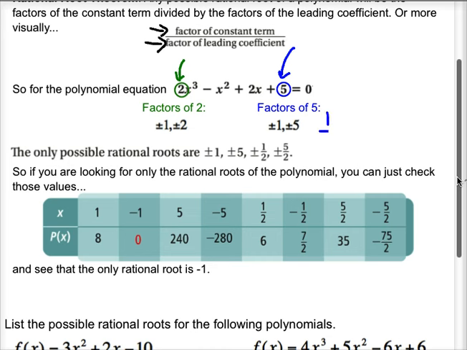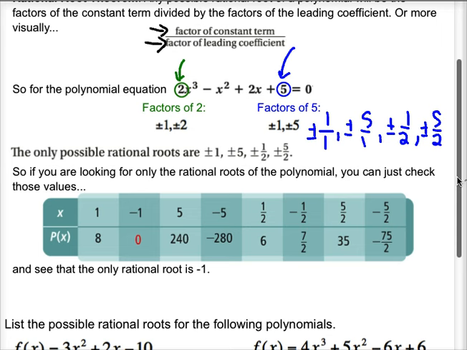So 1 over 1, 5 over 1, 1 over 2, and 5 over 2. That's where they're getting that list from, okay? Just taking the possible ones of the constant, dividing by the possible factors of the leading coefficient.